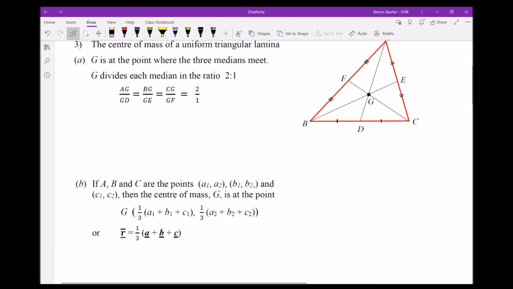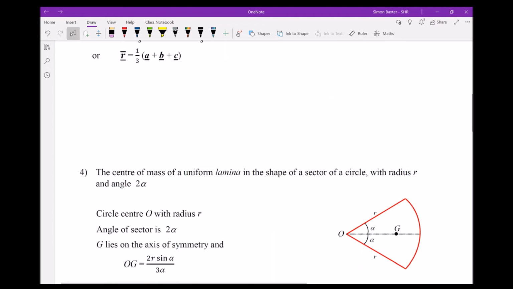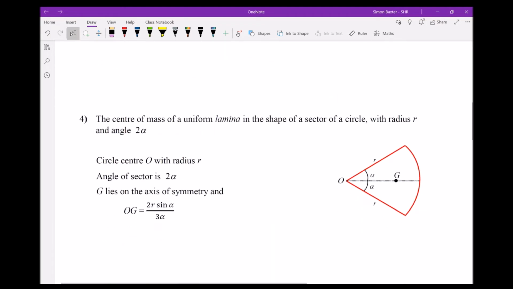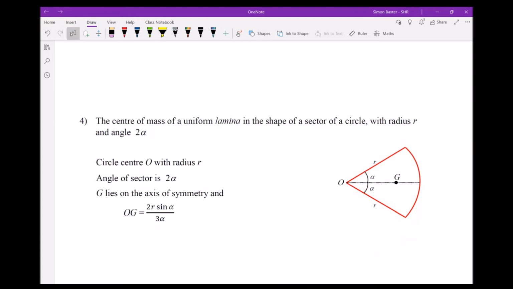Okay, let's move on and have a look at this shape. This is a uniform lamina in the shape of a sector of a circle. The radius of the circle is R, and the angle at the center of the circle O is 2 alpha.